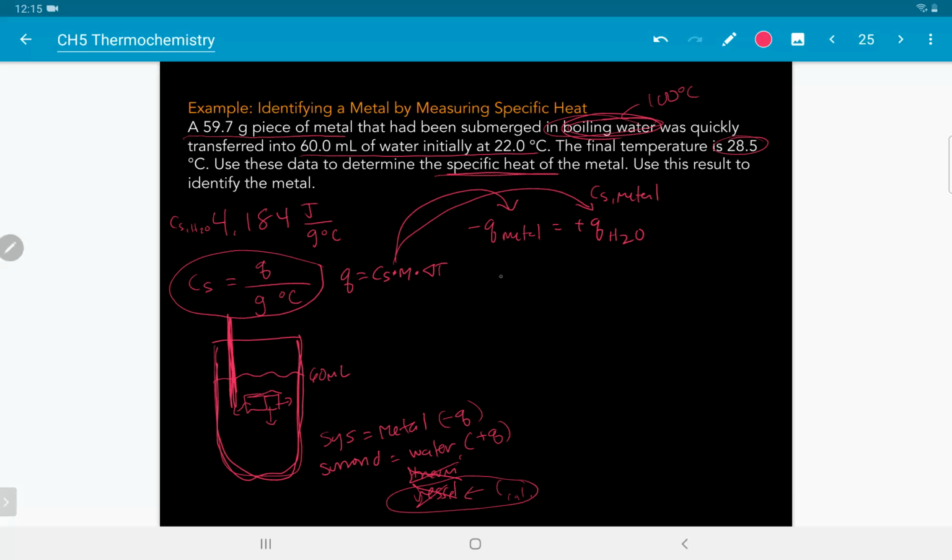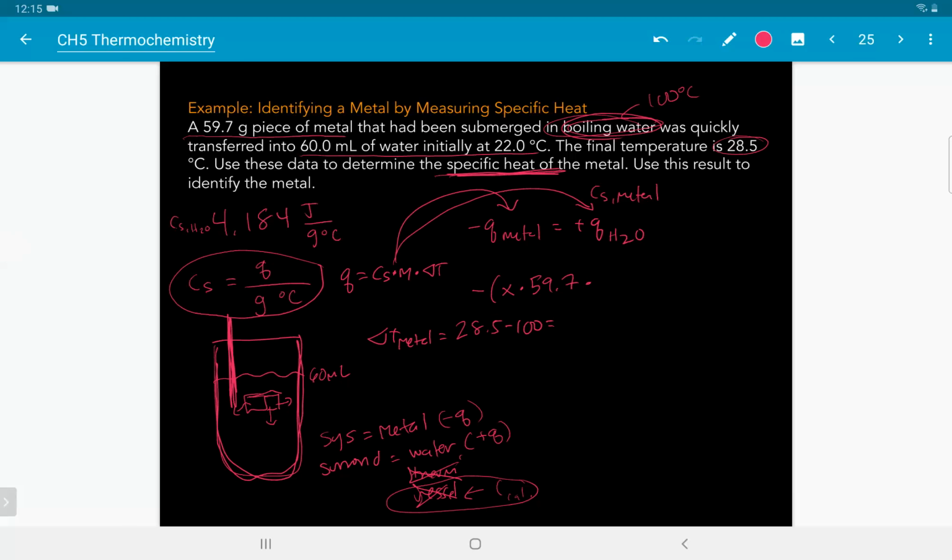So we would say negative the specific heat capacity of the metal, which is what we're solving for, times the mass of the metal, 59.7 grams, times the change in temperature of the metal, delta T metal. We got to calculate that real quick: final minus initial. The final temperature is 28.5, the initial temperature was 100. I'm going to pull up a calculator on my phone.